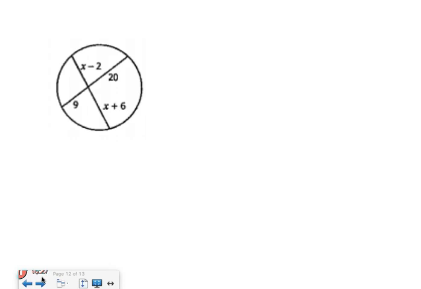One more. So now we're thinking type 1, 2, or 3. Type 1.